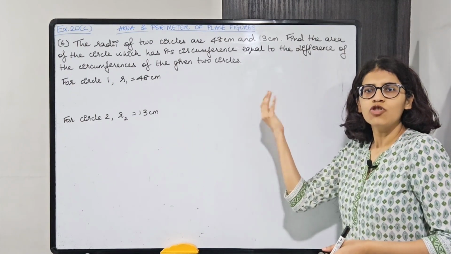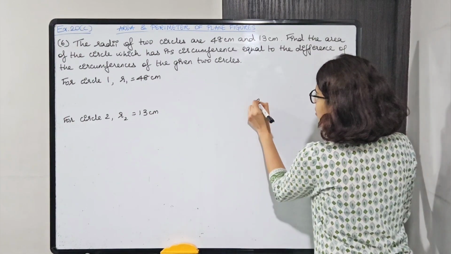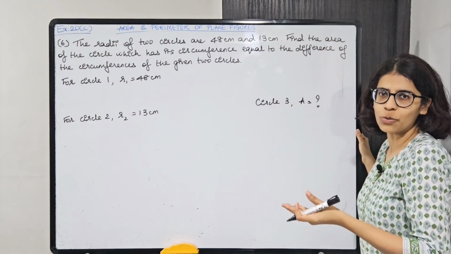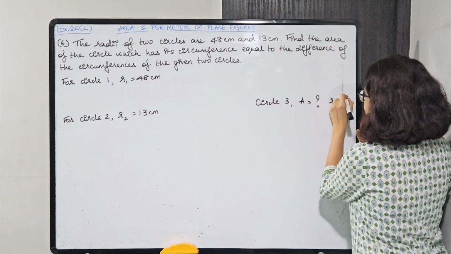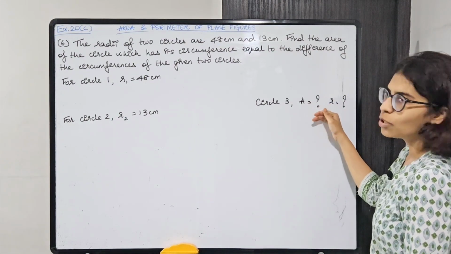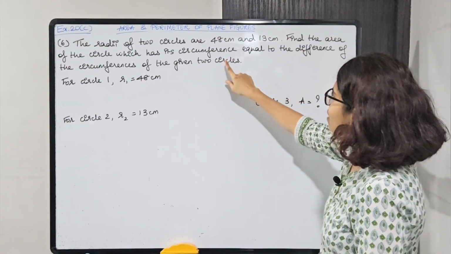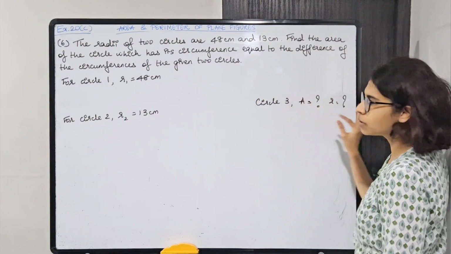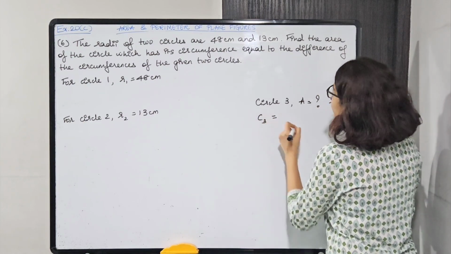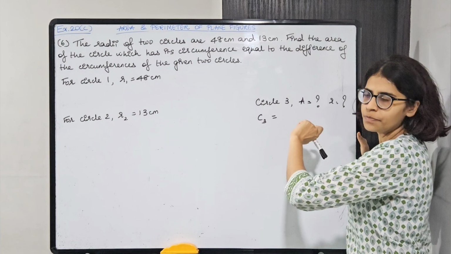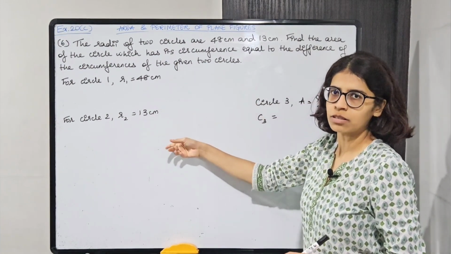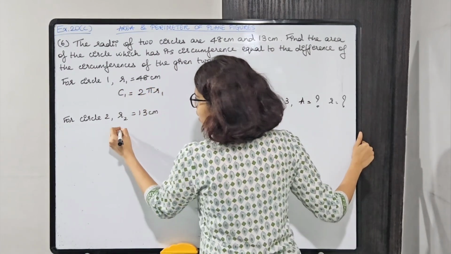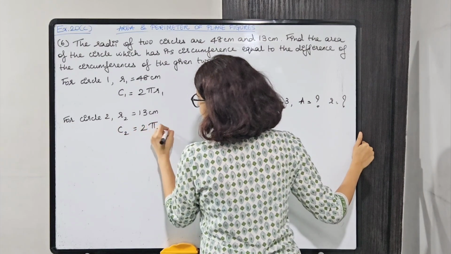There is a third circle whose area we have to find out. For area we will use the formula pi r squared, so r is required, the radius has to be found out, right. So for this third circle you are given one condition: its circumference is equal to the difference of the circumferences of the given two circles. So its circumference, let's take it as C1, will be 2 pi R1, and its circumference C2 will be 2 pi R2, right?